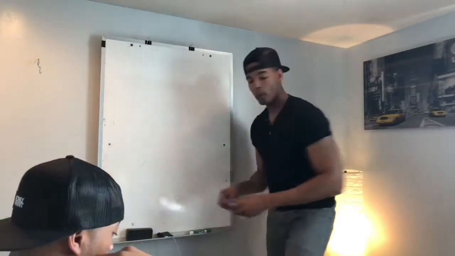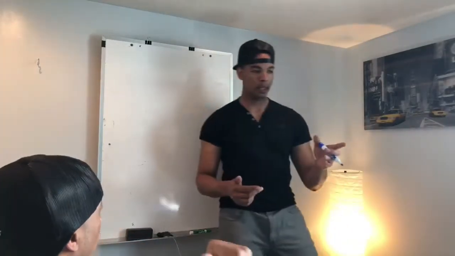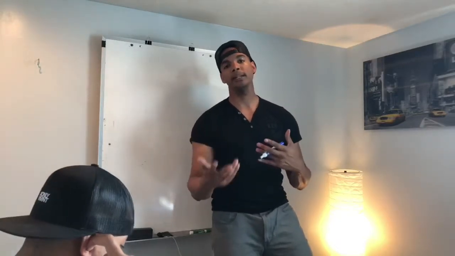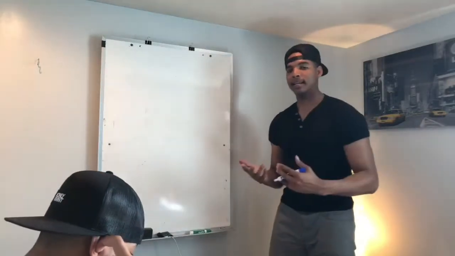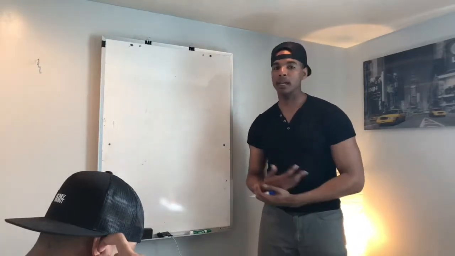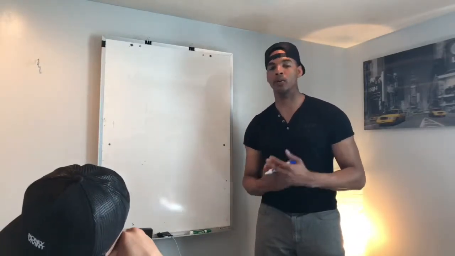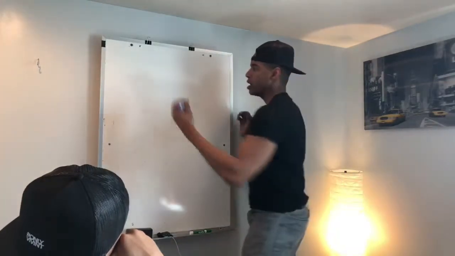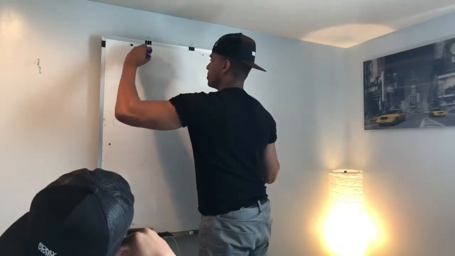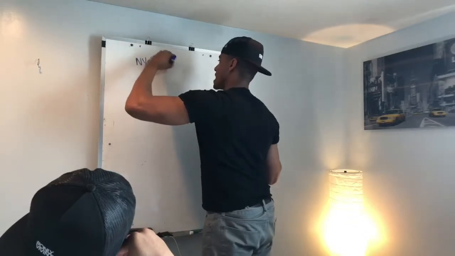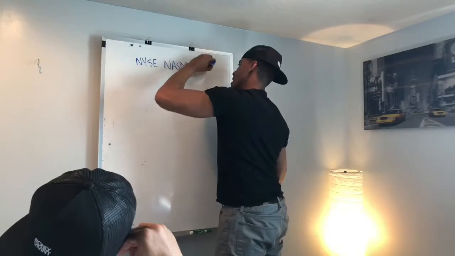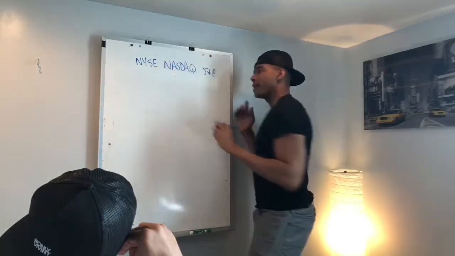Whenever we're looking at a penny stock, the SEC says you have to be above a certain price point to be a part of the SEC filings. What are they? They're considered the NYSE, the NASDAQ, S&P, and there's several more.